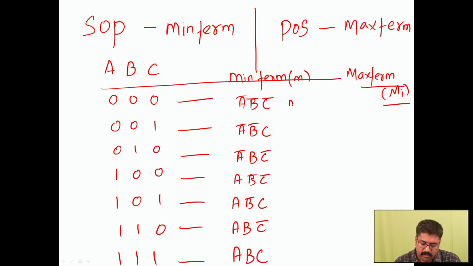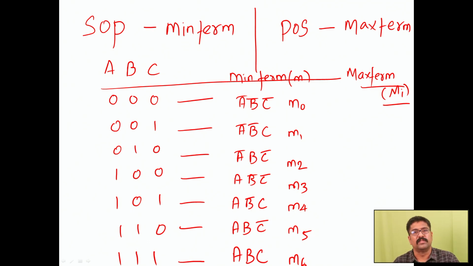How will you denote them? We are going to denote them m0 to m7, 0 to 7.